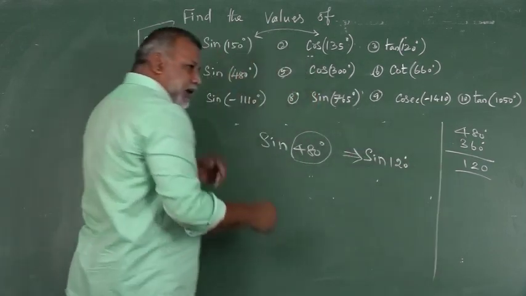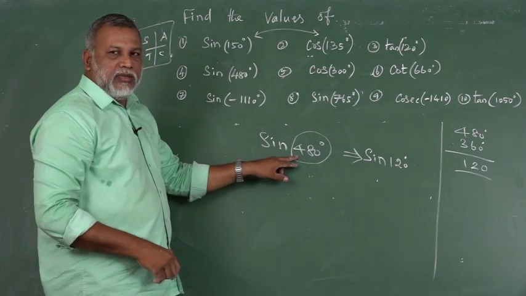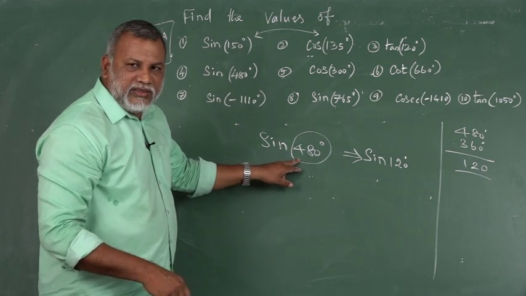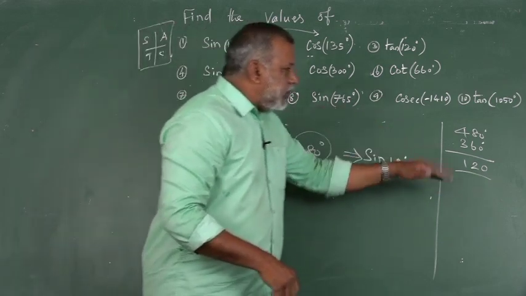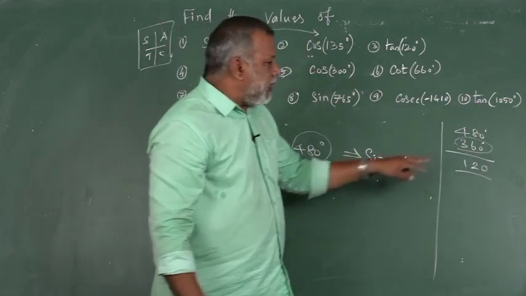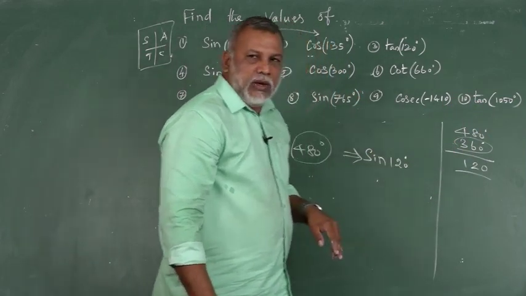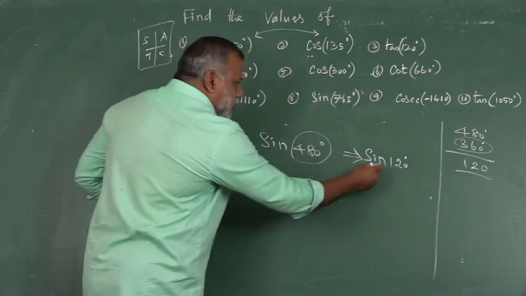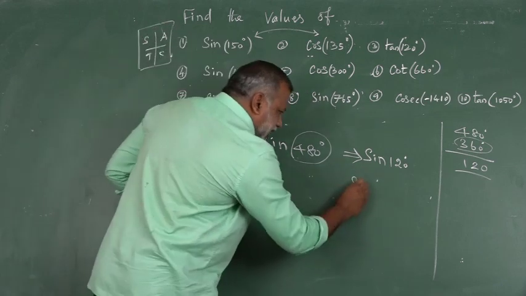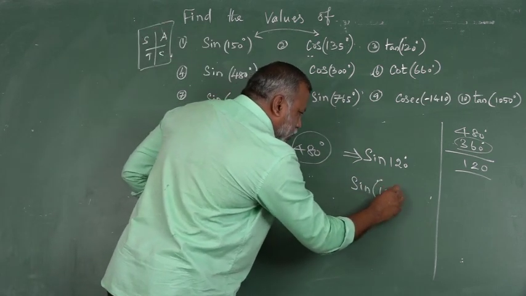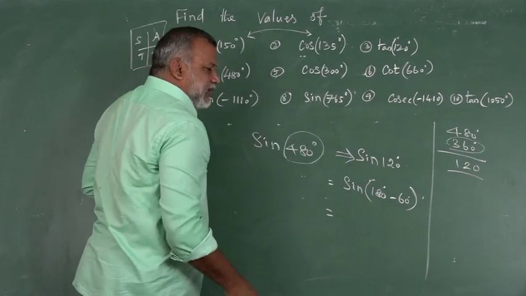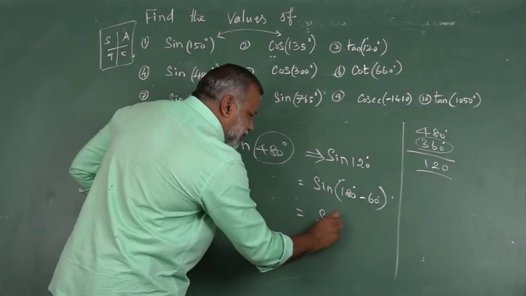This is another type of knowledge. Here we are having more than 360. Complete rotation means 360 degree. Remove it from the given: 480 minus 360, we get 120 degree. Now sine 120 degree can be put in the form of 180 minus 60. 180 means apply the same function.